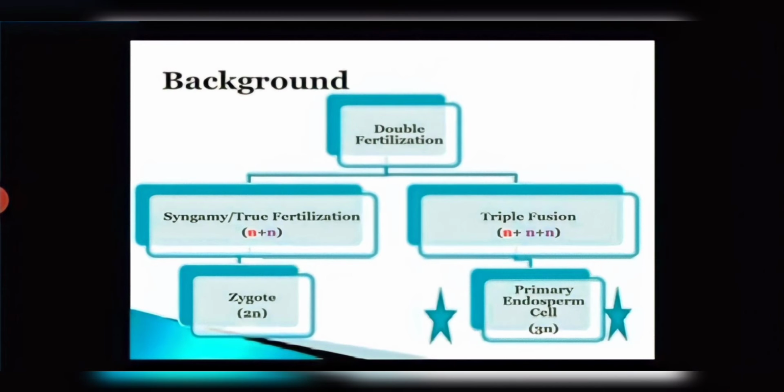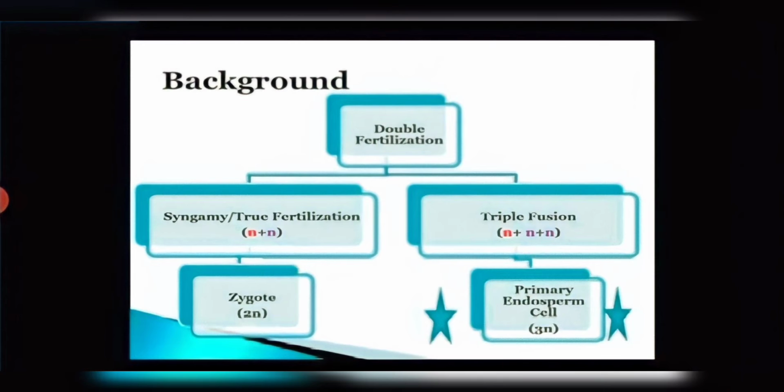The endosperm is formed by double fertilization. Generally, fertilization in angiosperms occurs by the fusion of one male gamete with the egg cell, and when another male gamete fuses with the polar nuclei, the endosperm is formed as a result. So the endosperm is formed by double fertilization and triple fusion.